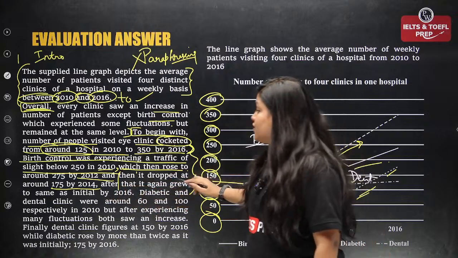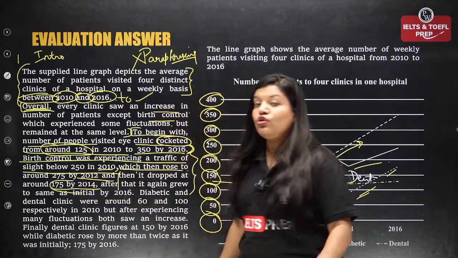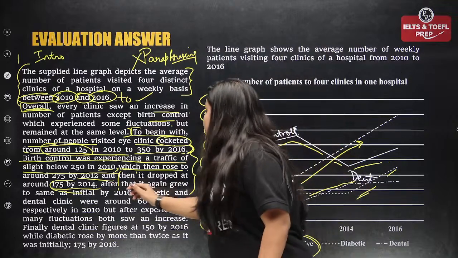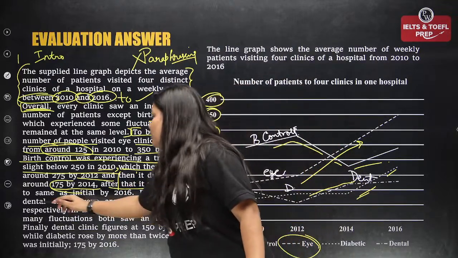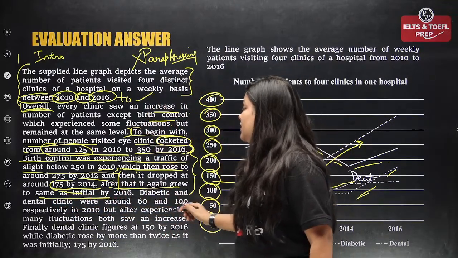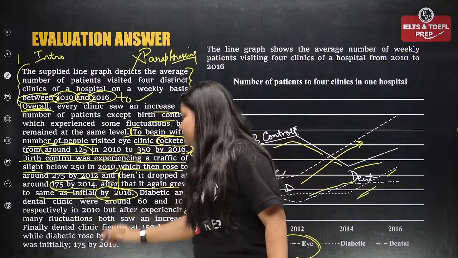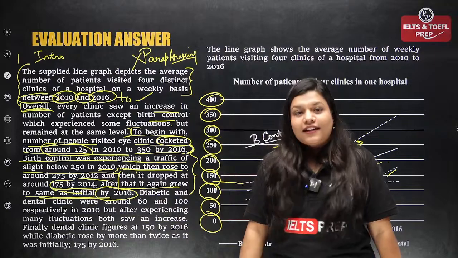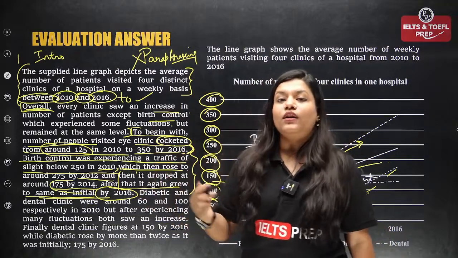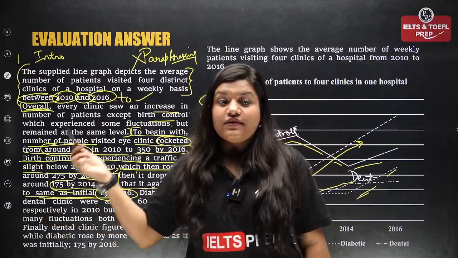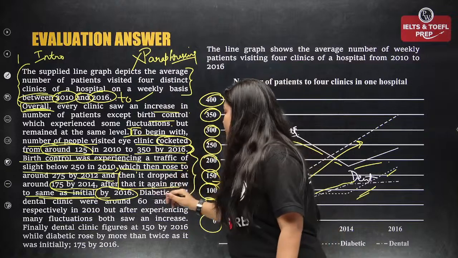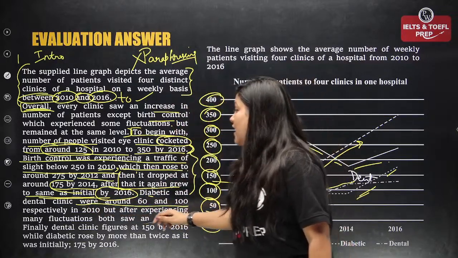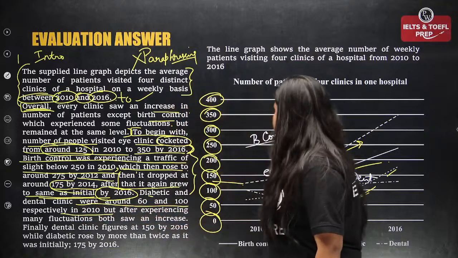Okay, so it's just a mentioning of the pointers and no comparison is being done over here. Okay, after that it again grew to the same as initial by 2016. Okay, "same as initial" is giving a little unclear idea of at what range the line graph is, having static data. Diabetic and dental clinic were around 60 and 100 respectively in 2010.